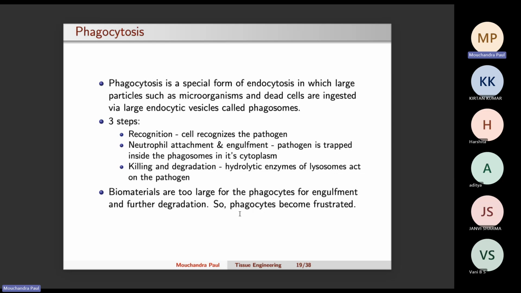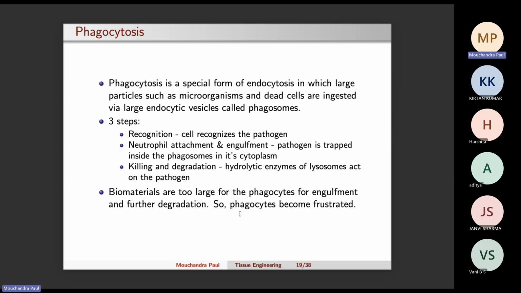So endo and exo, there are two ways the cells take up or release their components. Endocytosis means the cell will take that particular particle inside it, whereas for exocytosis, the cell is trying to give out some vesicles or something like that into its environment.